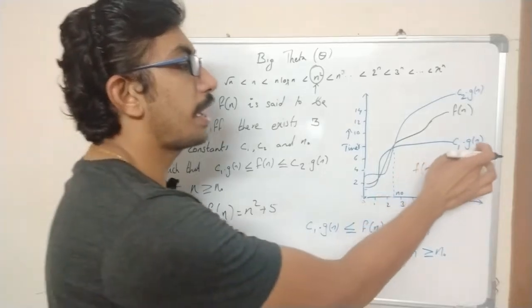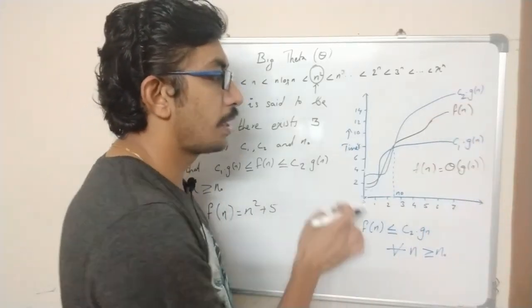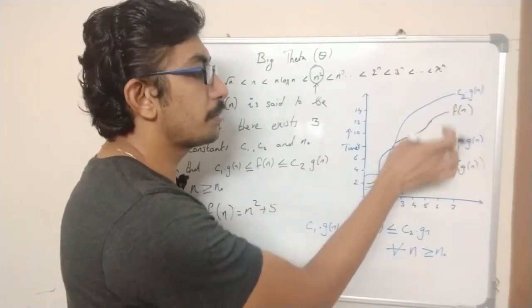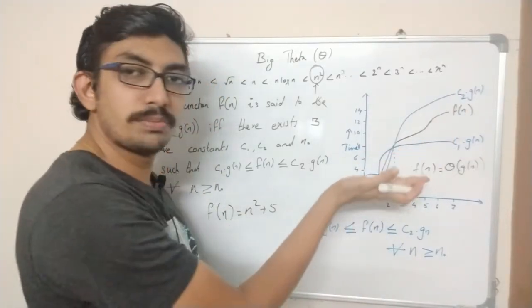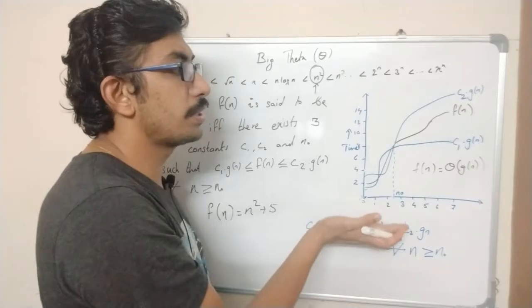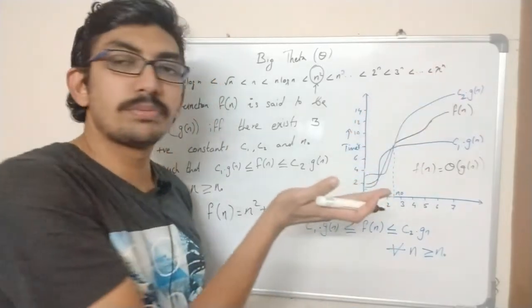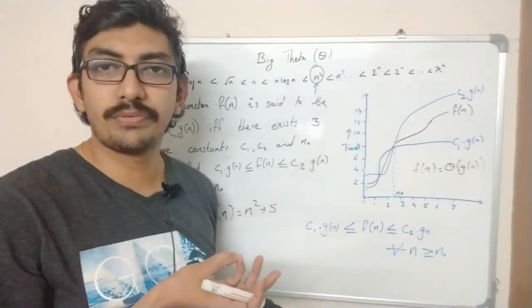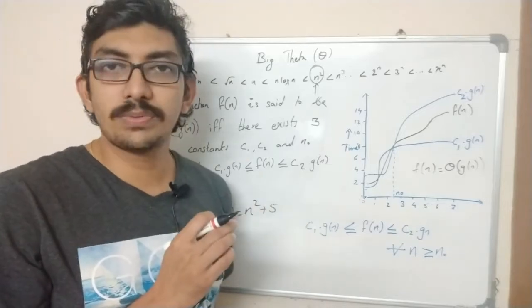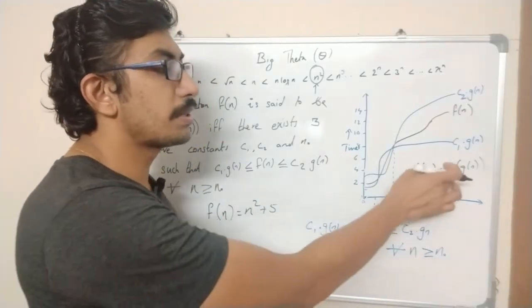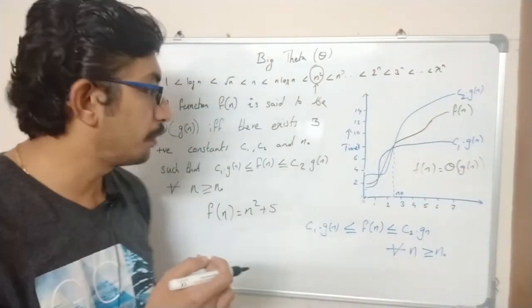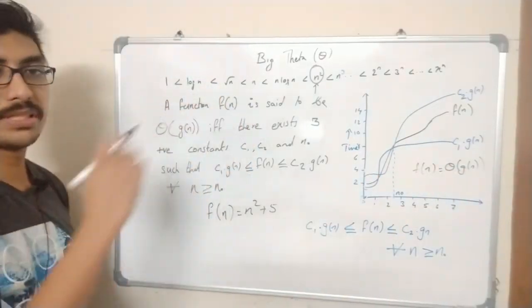Which means you have a function g of n, and for two different positive constants C1 and C2, C1 into g of n acts as a lower bound for f of n, and C2 into g of n acts as an upper bound for f of n. If this condition is satisfied, then I can say f of n is big theta of g of n.